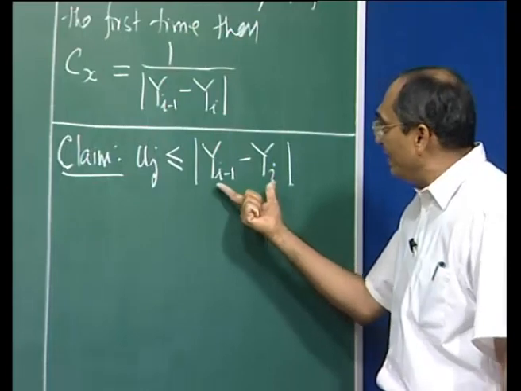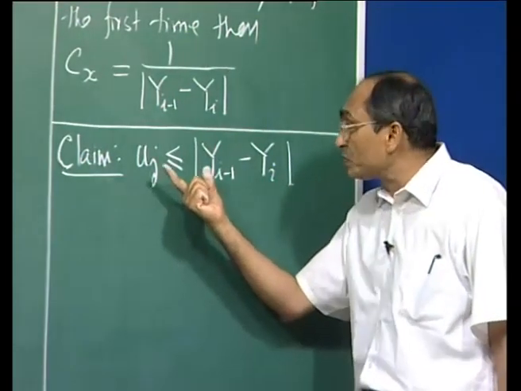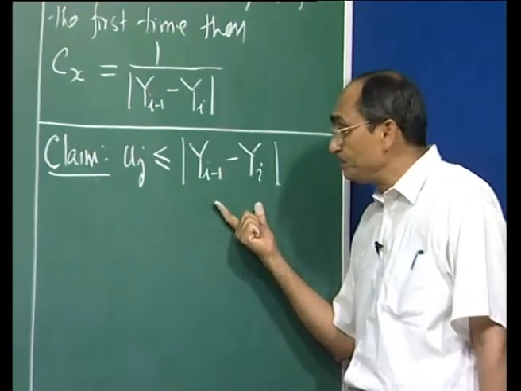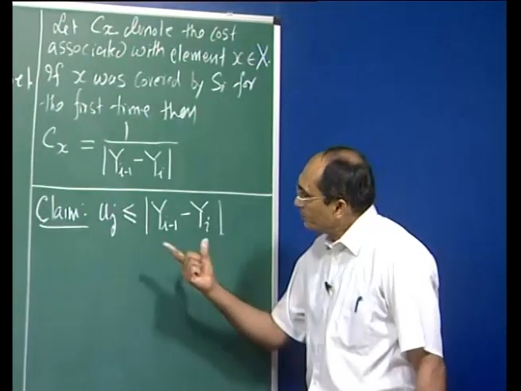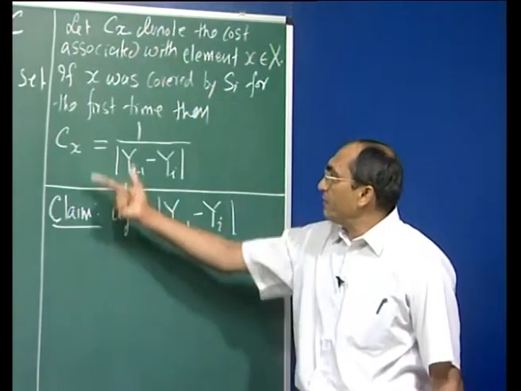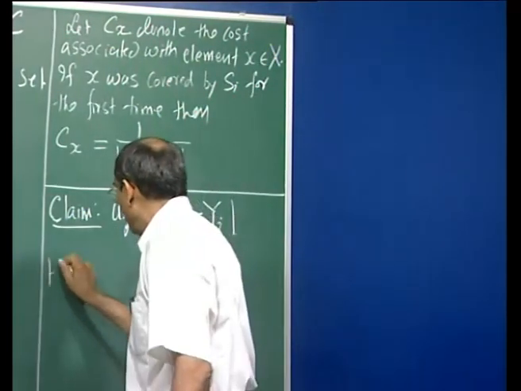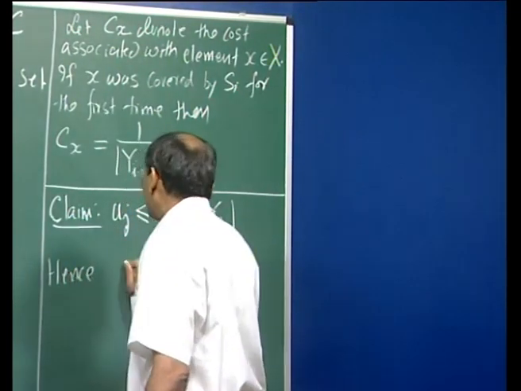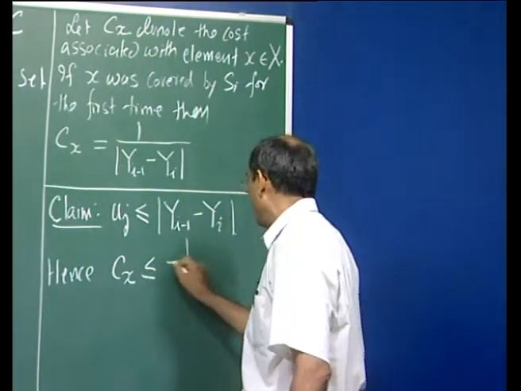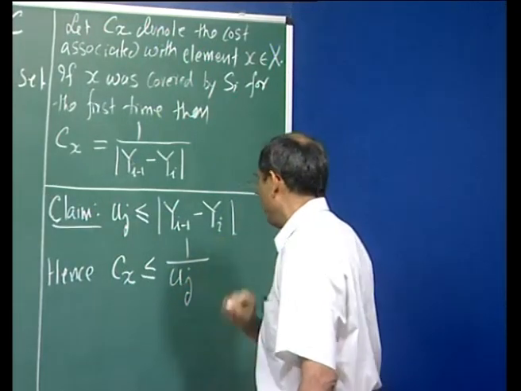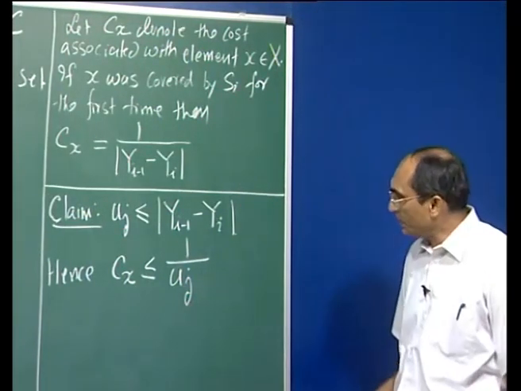So, this couldn't have been less than this, otherwise I would have chosen S rather than this set, hence this inequality. Okay. So, from this inequality we conclude that Cx has to be less than or equal to 1/uj. Okay.